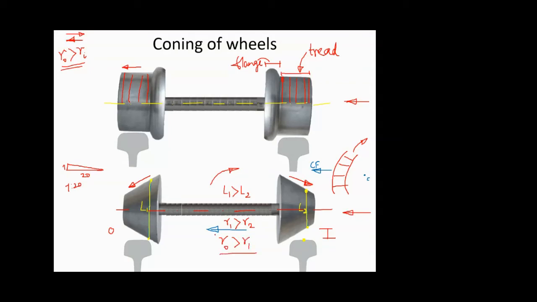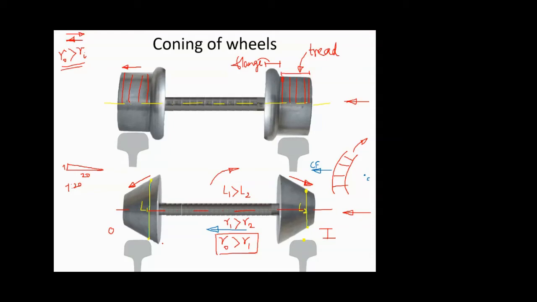So we have achieved what we saw in the last slide, that RO should be greater than Ri. We have achieved that here in the form of this coning. Now you will ask, if this is the case, how does the railway maintain it on the curve as well as on the straight section?